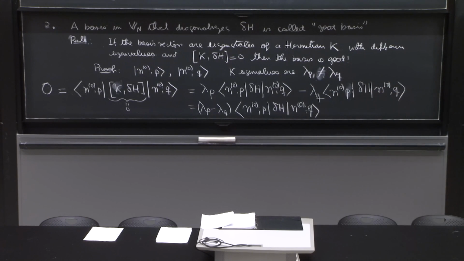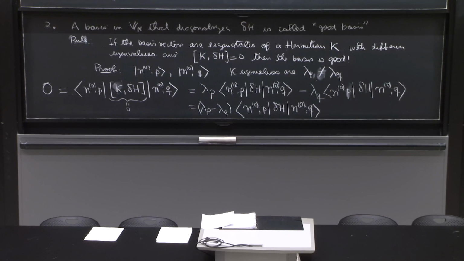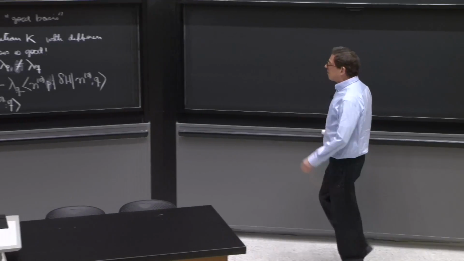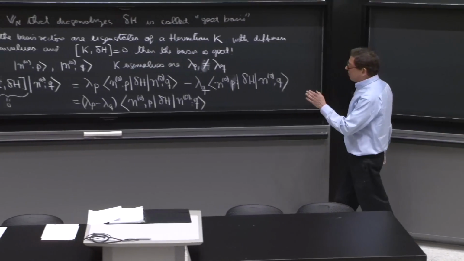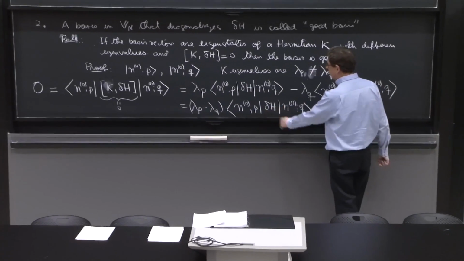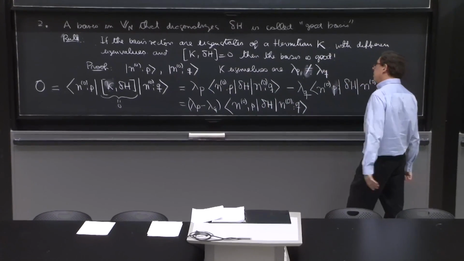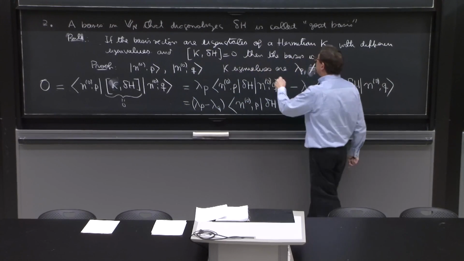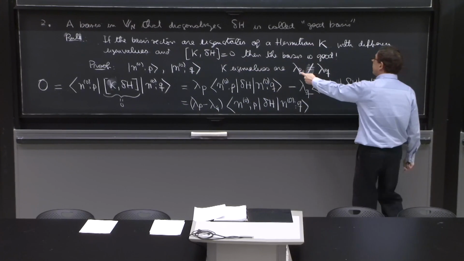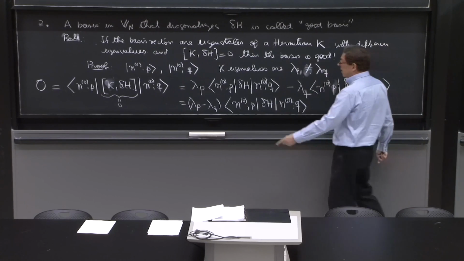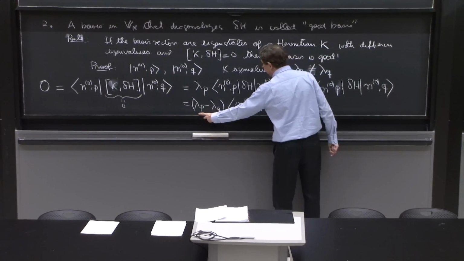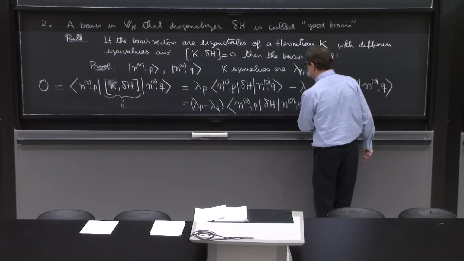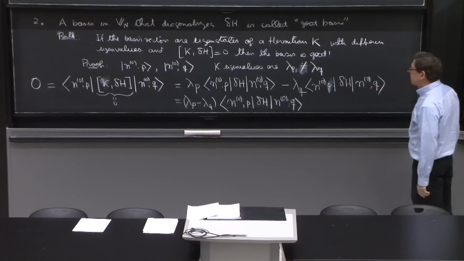Okay, so that matrix element has been evaluated, and it's now equal to the difference of eigenvalues times the matrix element of delta H. But we know that this product must be 0. Since the two eigenvalues are different, this factor is not 0. So the only possibility is that the second factor is 0.